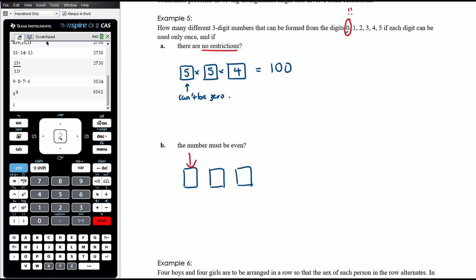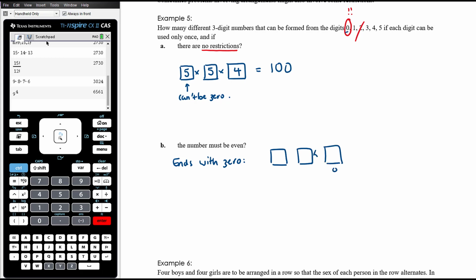If, however, a 2 goes here, then we've already ruled out the 2. We've got 5 different digits, but one of those is a 0, so there's only 4 different options that can go here. So there's actually 2 different cases that we need to think about separately. Okay, we're going to have a number that ends with a 0. So if this has to be a 0 here, in the final position, that means that there is only one option for the final position.